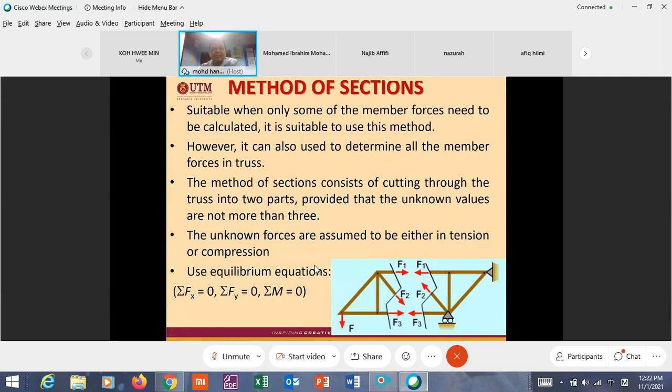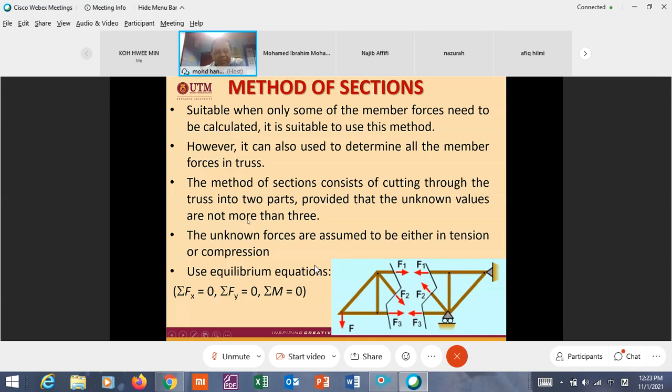Okay, method of joint done. Now method of section. You already read this note, I hope so. Cutting into two parts, provided that the unknown values are not more than 3.